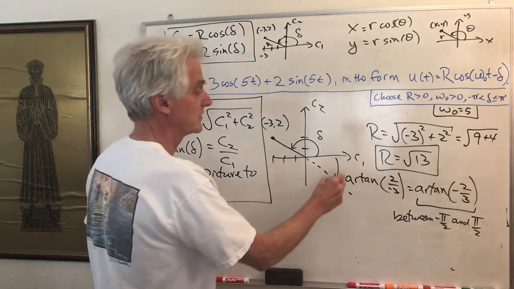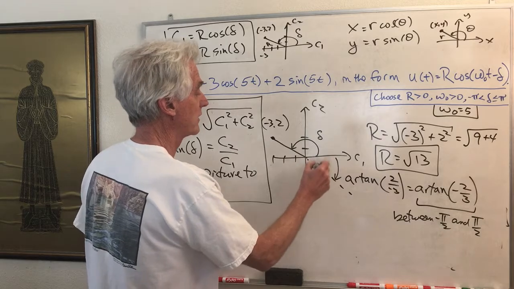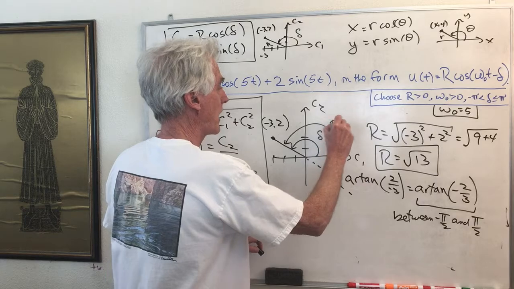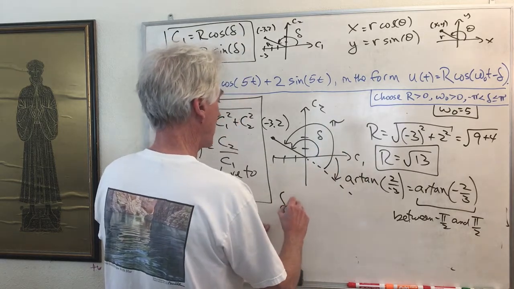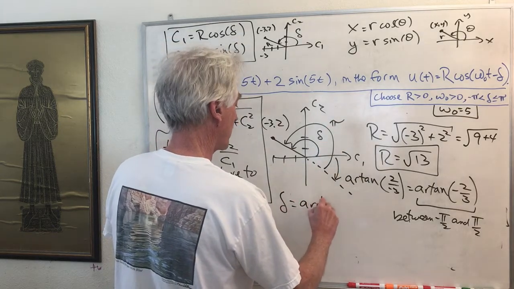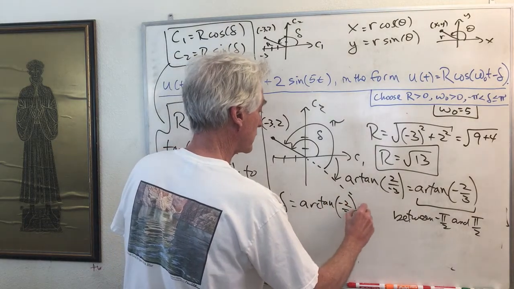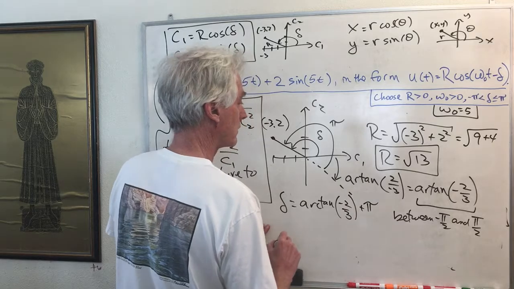So delta is that plus pi, because this angle here is pi. So actually, delta is arctangent of negative 2/3 plus pi.